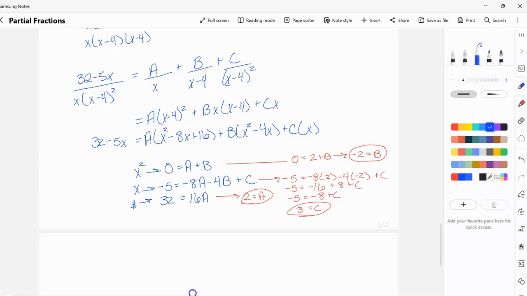So what I really need to integrate is a, which is 2 over x, plus b, which is negative 2 over x minus 4, plus c, which is 3 over x minus 4 quantity squared. So that's what this problem has turned into.